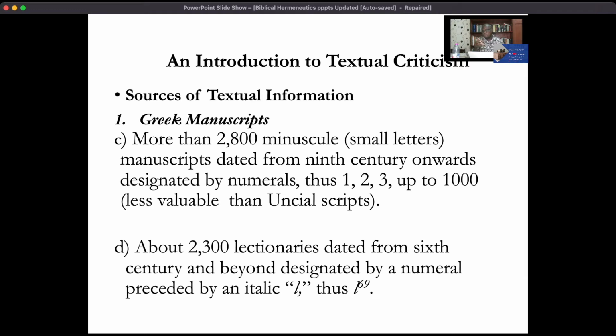So those quotations from the New Testament in their reflections, in their sermons, have New Testament passages. These lectionaries can also be used as a source to establish the exact wording of the original text. And so they are identified as italic L, and then the number, lectionary 1 or 2, 3, 4, 5, as a superscript, up there.